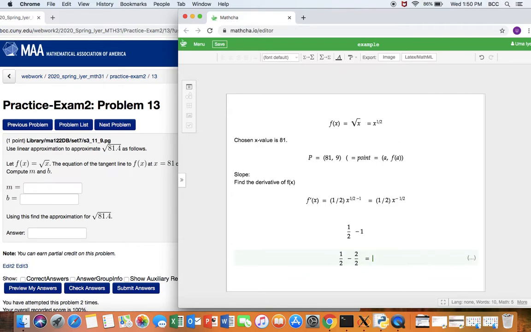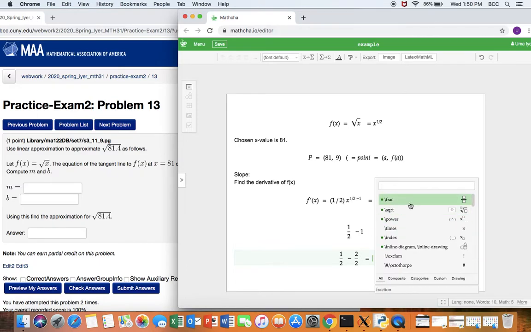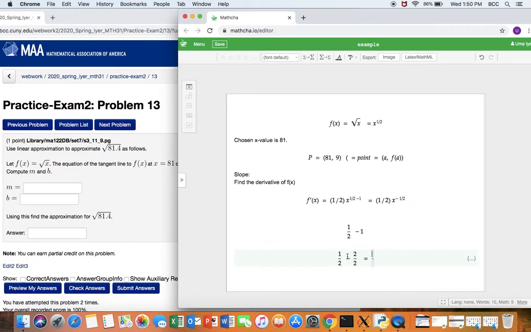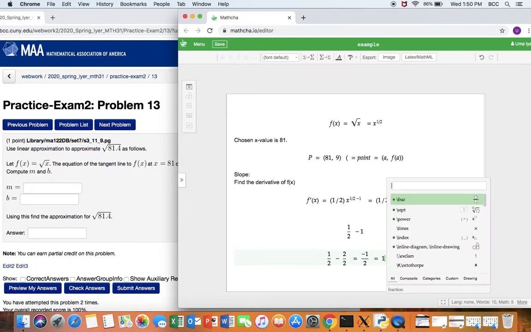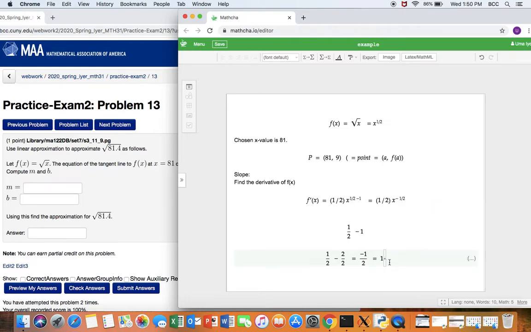So now that you have common denominator, you can subtract the fractions clearly. 1 minus 2 is a negative 1, and common denominator of 2. So negative 1 over 2 is what we say. All right, so that's what gets me this.